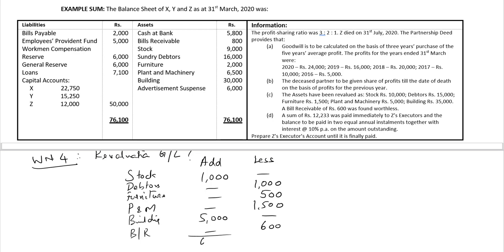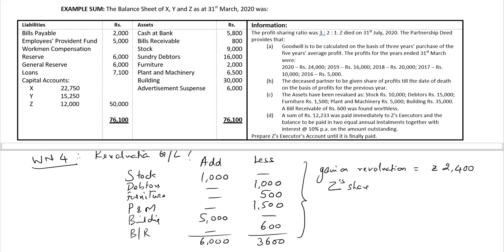So the total of the adds comes to 6,000 rupees. And the total of the less comes to 3,600 rupees. So we have a gain on revaluation of rupees 2,400, and Z's share in the gain is equal to 2,400 rupees multiplied by 1 divided by 6, which is 400 rupees.